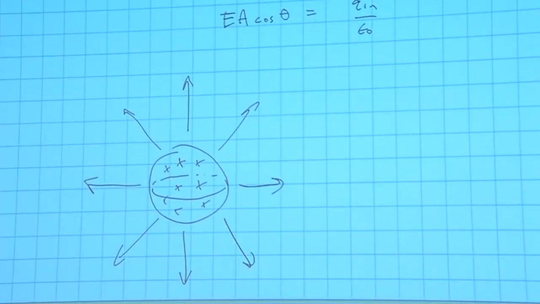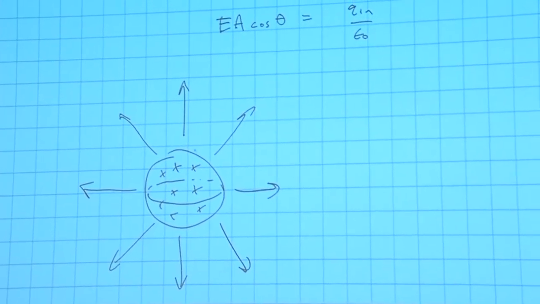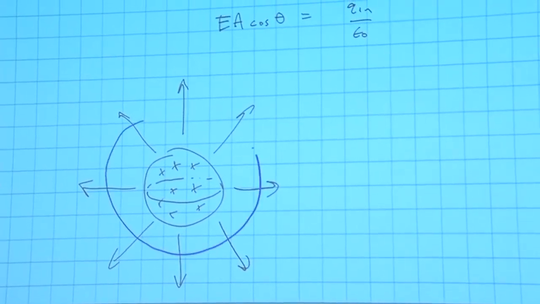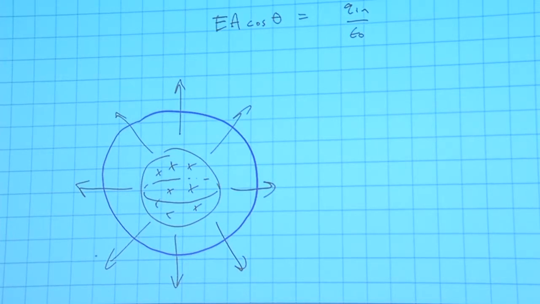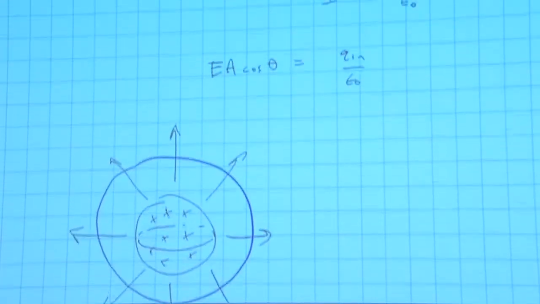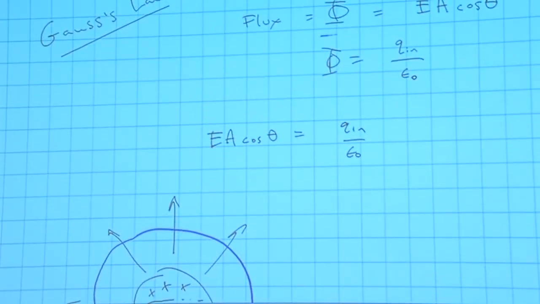So let's draw a Gaussian surface around here. I'll use a blue line. You pick a surface that matches the symmetry of the problem. Because in order for this to be true, the electric field has to be constant over the surface, and the angle theta has to be constant.